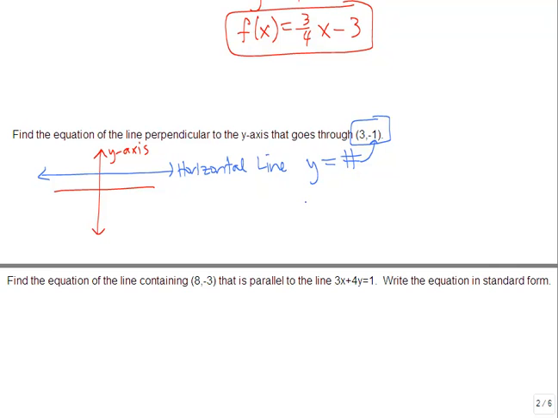So this one doesn't really have much work to do for it. All we have to know is that we want y equals, and then we need to know that we should use the y value of the point. So the equation of this horizontal line that we're looking for is just y equals -1. I didn't have to calculate any slope. I didn't have to do any point slope form or anything crazy like that. It's just memorizing the fact that horizontal lines are y equals a constant.